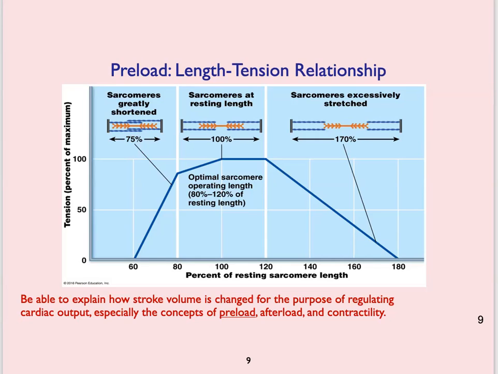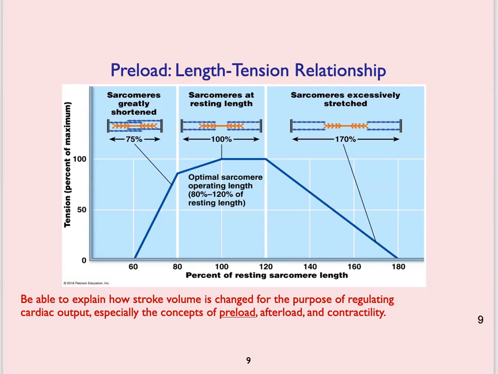This basically states that there's an optimal overlap between actin and myosin that allows for the maximal tension and contraction force. Too little length, too much overlap, or too little overlap are both not good. We're able to generate the greatest amount of force with this optimal resting length.